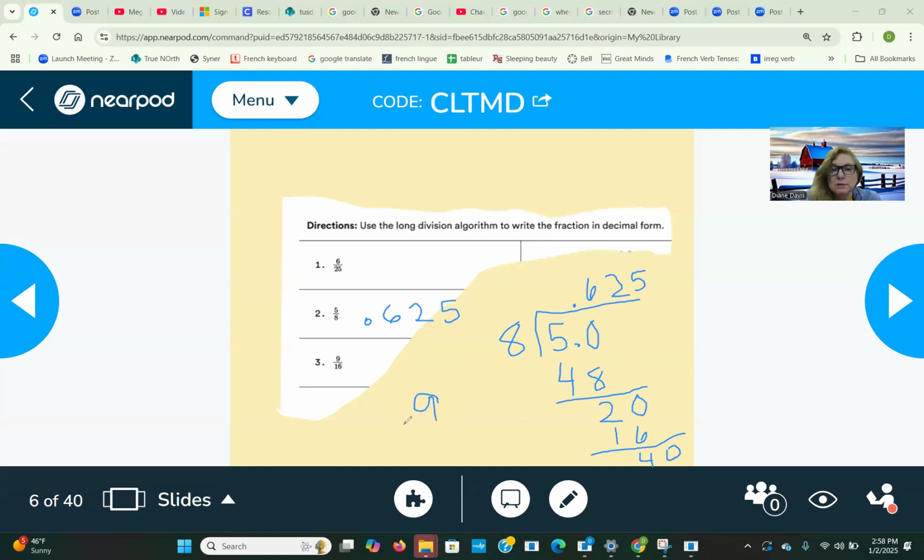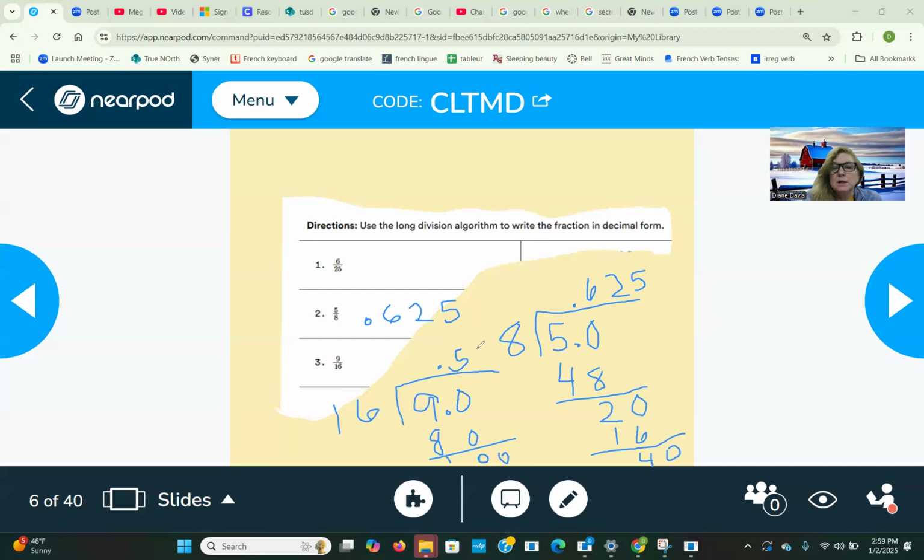So number 3, 9 divided by 16. You can't fit 16 into 9, so I put a decimal up there. All right. And a 0, 16. 16 goes into 90 probably 5 times. 5 times 6 is 30, so carry the 3. 5 plus 8, that's 80, so that's going to be 10, and then 1 more.